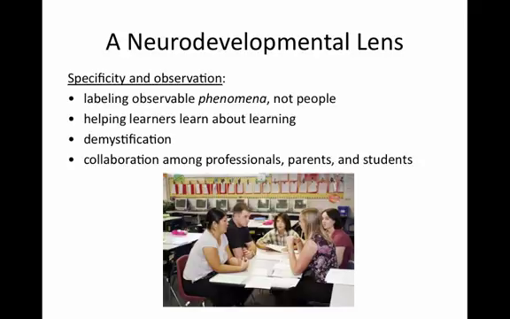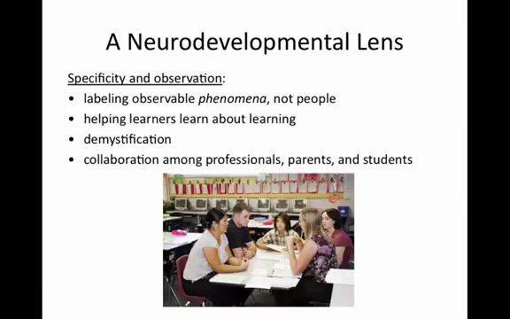Okay. On this slide, we're really going to think about the ideas of specificity and observation. So as we've started to talk about in terms of thinking about which construct might be most at play with a student's struggle, something that can be extremely helpful when thinking about these constructs in the full neurodevelopmental framework is to think about labeling the phenomena as opposed to people.